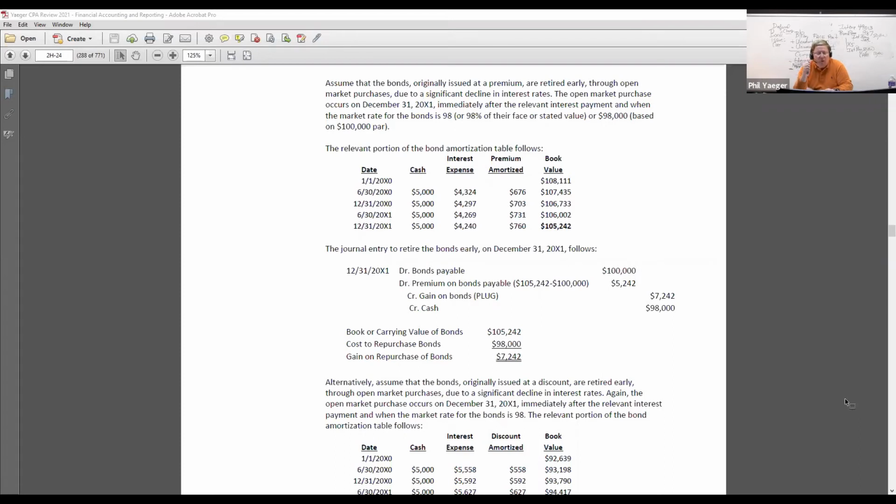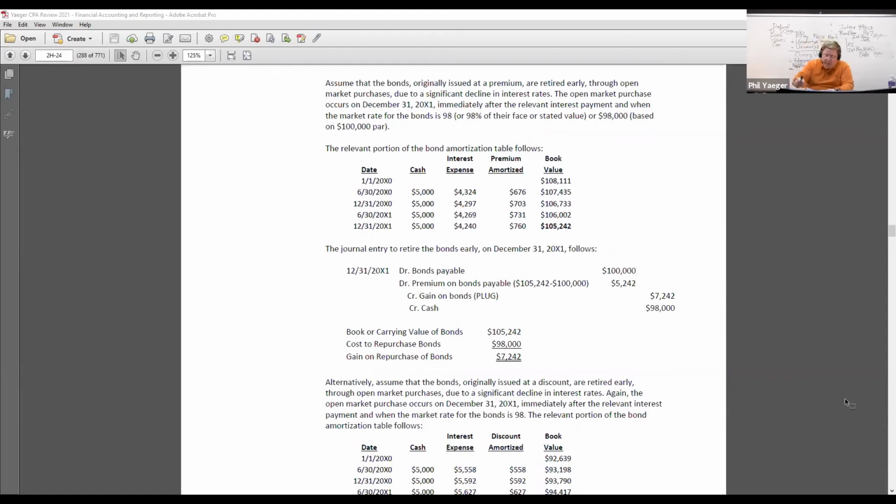Now, if bonds are secured, we call them secured bonds. But unsecured bonds, which means they're not covered by any collateral, what do we call them? Debentures. So remember, debentures are unsecured bonds.